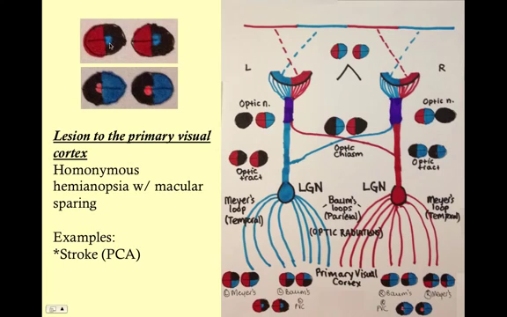Macular being the middle part of your visual field. So if you have a PCA stroke affecting your right visual field, you will lose all of your right visual field except for the little bit in the middle. And then the same on the right: you lose all of your left visual field but a little part in the middle. And that's different from an optic tract lesion where you would lose all of your visual field, including the macular part.